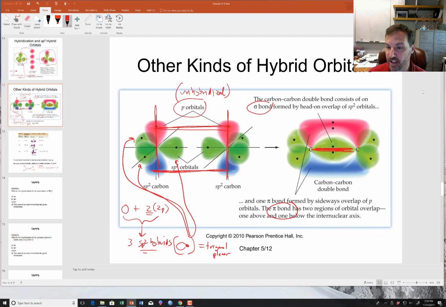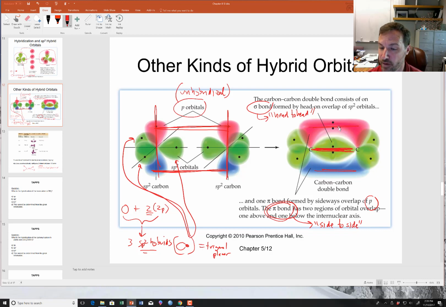So sigma means head-to-head. That's with your sp2 hybrids. Pi bond means side-to-side. And that's with the p orbital that's unhybridized.